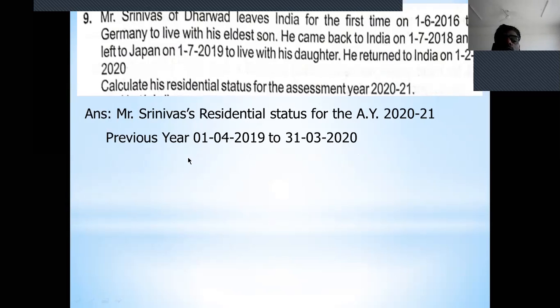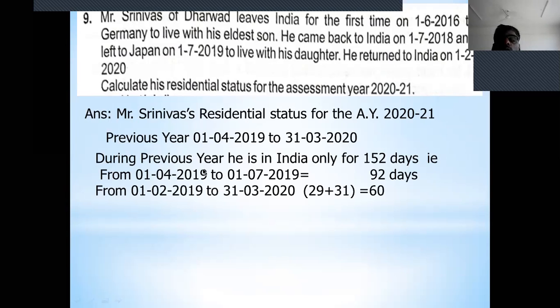During the previous year, from 1/4/2019 to 1/7/2019: April 30 days, May 31 days, June 30 days, and July 1 day. It is totally 92 days.